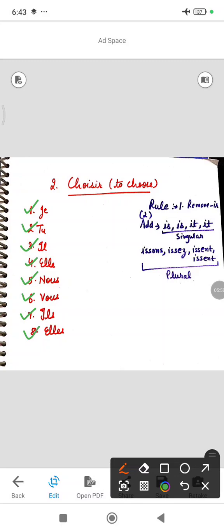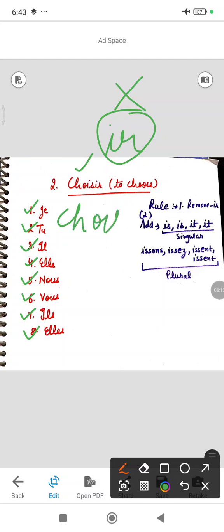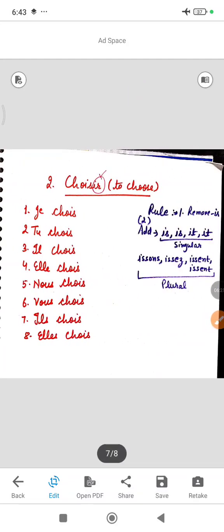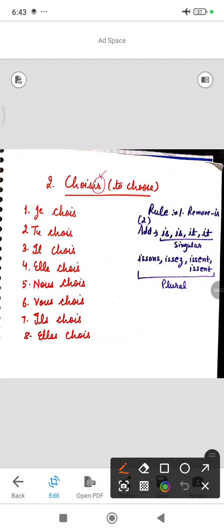Now, what is the next rule? From the given verb, these are IR verbs. So I have to cut the IR from the given verb. So if I cut the IR, what is left? Chois. Only this much is left because I removed IR. See, so what is left? Chois because I have removed IR from the given verb.